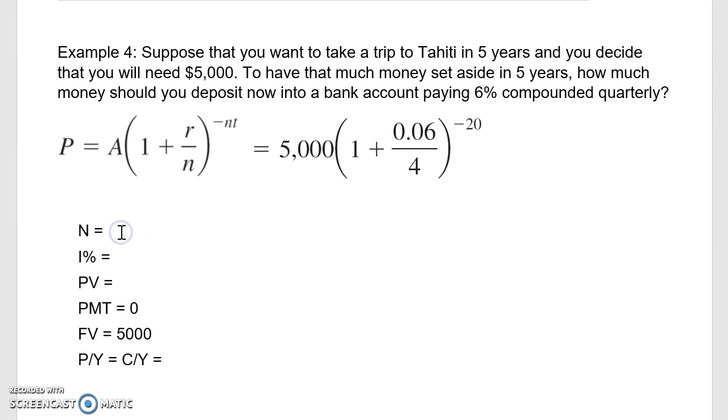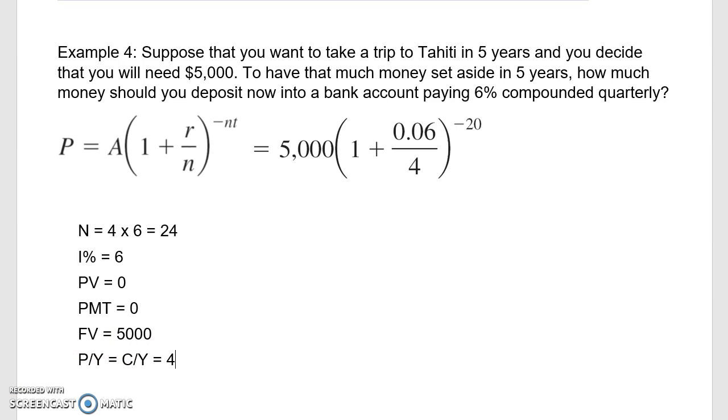Okay, well, quarterly is 4 times a year times 6 years is 24 total compoundments at an interest rate of 6%. And I don't know the present value. That's actually what I'm looking for. And the PY and CY are quarterly compoundments.